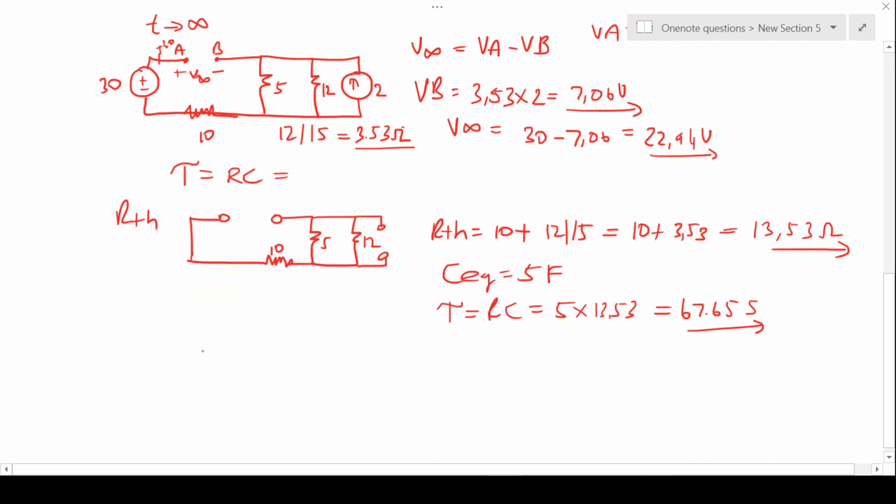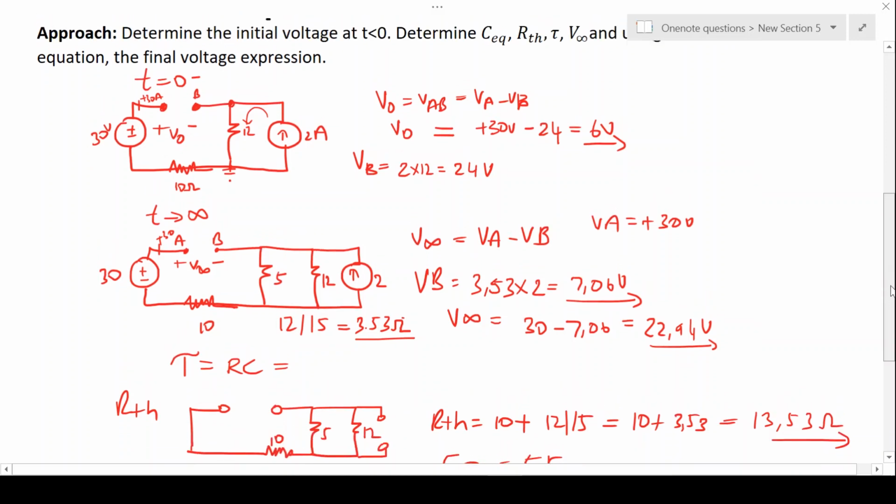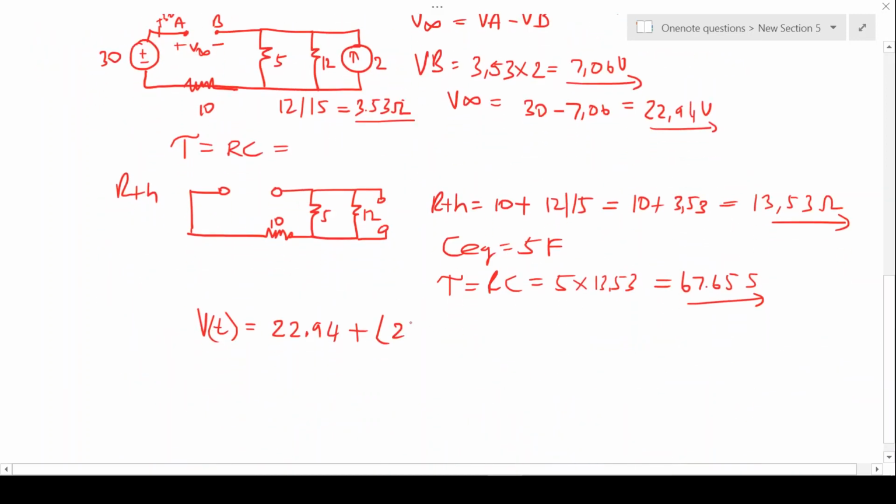Right, and then our final expression is going to be V as a function of time is going to give you V infinity, which is 22.94 plus V0, which is 24, minus 22.94 e to the negative t over 67.65, and this will be in volts.